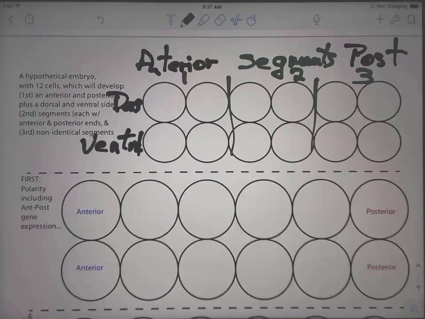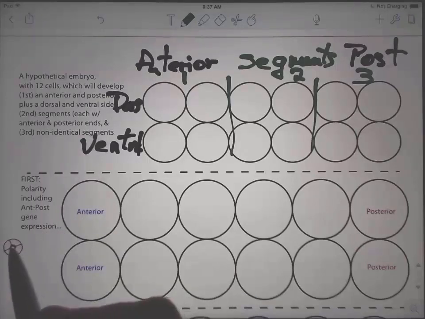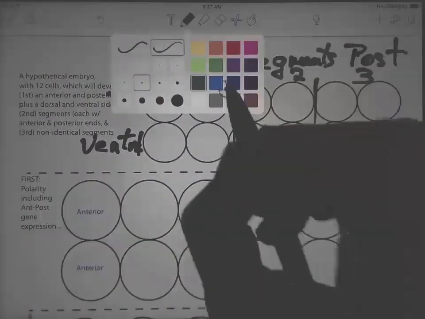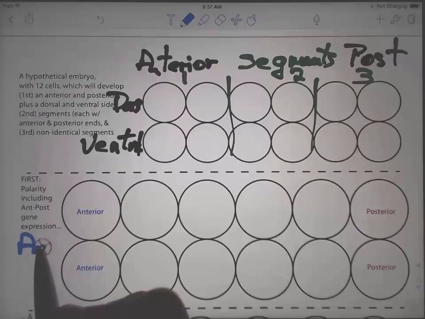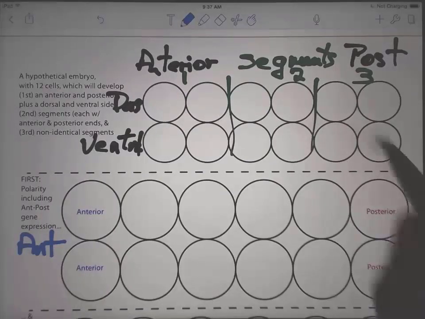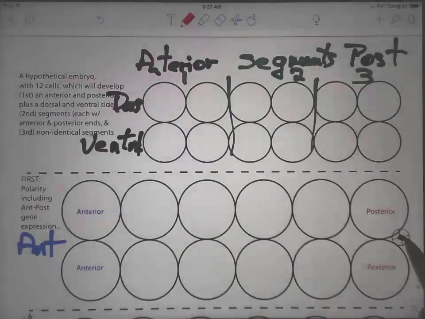So early on in development, actually before this number of cells, the beginning is anterior-posterior gene expression. And so that would be a gene that we'll call anterior, and another one that we'll call posterior.